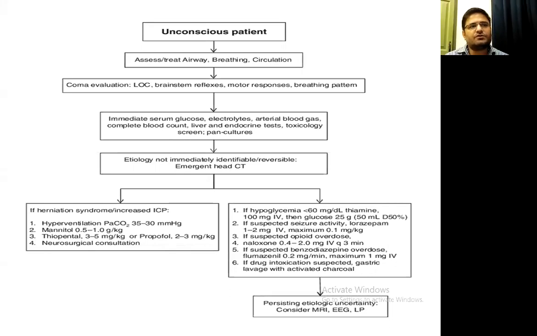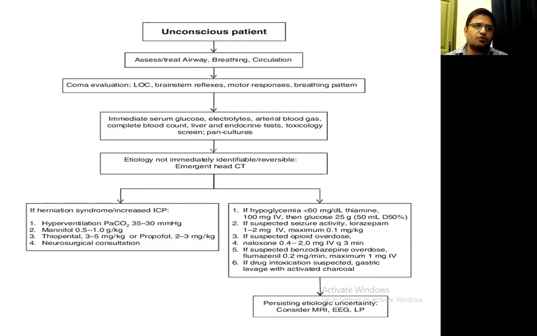Immediately check glucose, electrolytes, ABGs, CBC, LFTs, and endocrinology tests like Addison's workup and thyroid. Toxicology screening and cultures: pan culture means blood culture, CSF culture, and urine culture, depending on where you are suspecting the lesion. And if etiology is not immediately identifiable, then emergent head CT scan.